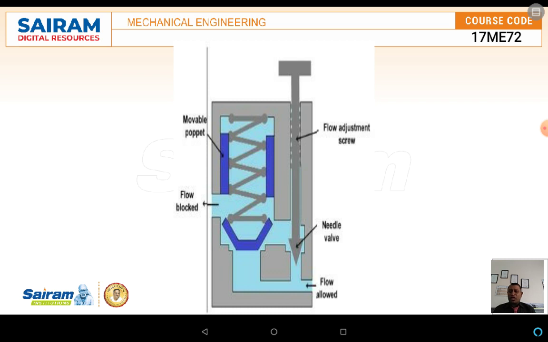Here also the blocking of the flow is done in the same way as the poppet one, by means of the spring. A movable poppet will be there. Because of the movable poppet, the blocking of the passage of the inflow is done, and the adjustable screw is there, by which a small amount of adjustment can also be done very easily.